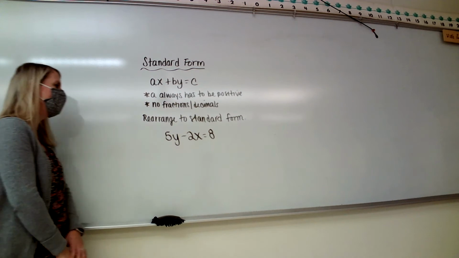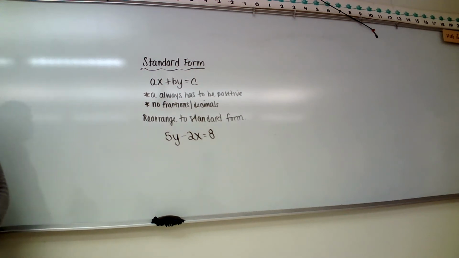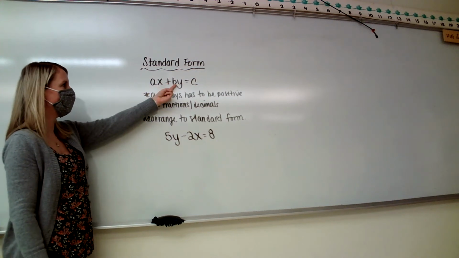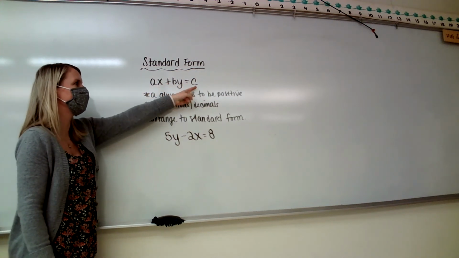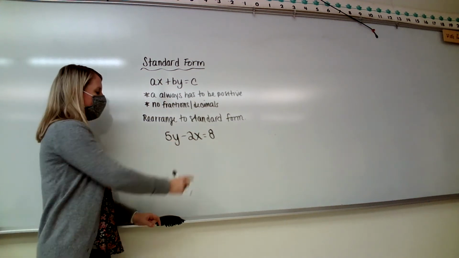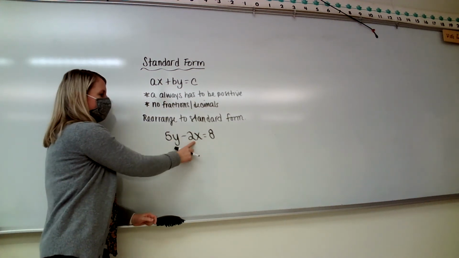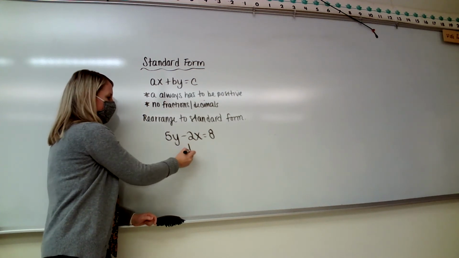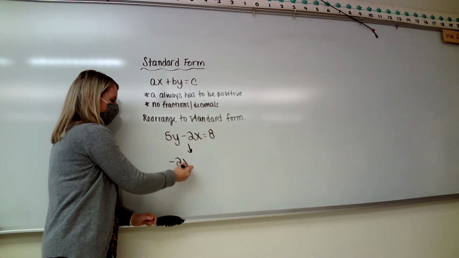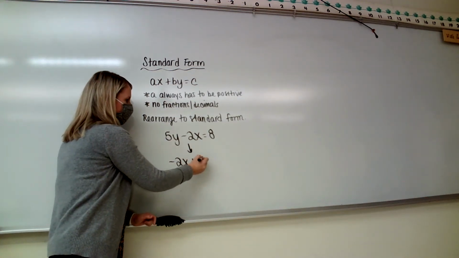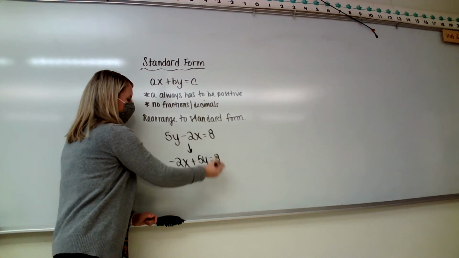So you're probably thinking, well, that looks okay. But the issue is you always need the x term first, then the y term, and then it equals c, which just means a constant. In this case, I would have to flip these. So I'm going to put the 2x first. When you're flipping something or moving it around, the sign does stay with it. So we would rearrange that to negative 2x, the 5y is positive, so plus 5y equals 8.